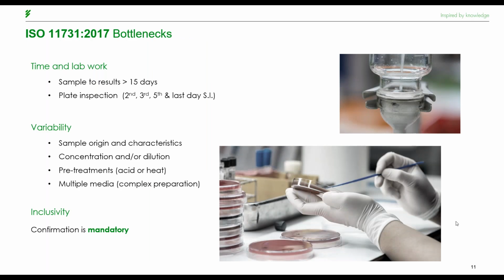So, as you may have noticed, the ISO method is complex, and it has several sources of variability, be it dilutions, pretreatments, or different media. So in summary, the bottlenecks are time and laboratory work, as sometimes the results can be stretched up to 20 days, and also because there must be a continuous inspection of the plates almost daily.